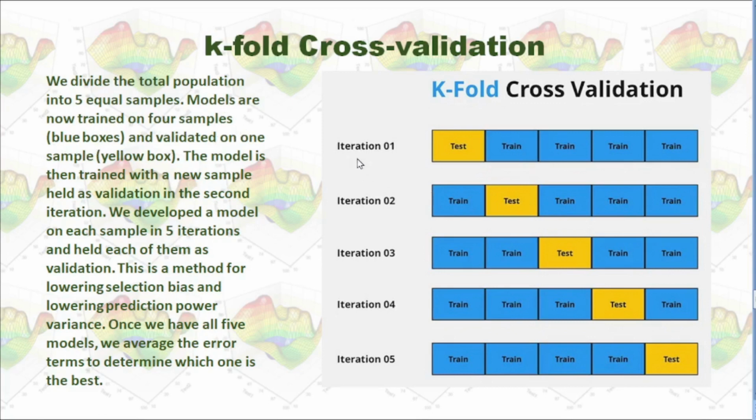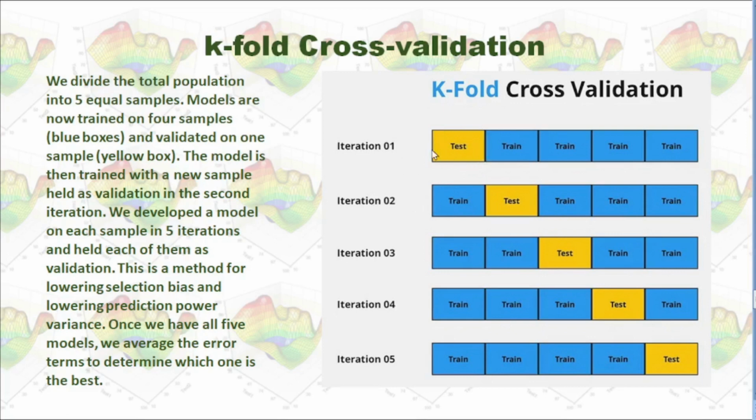For example, in this case, we use those data as the training set and use this, the yellow box, to do the test. So we will validate on one sample, this yellow box.